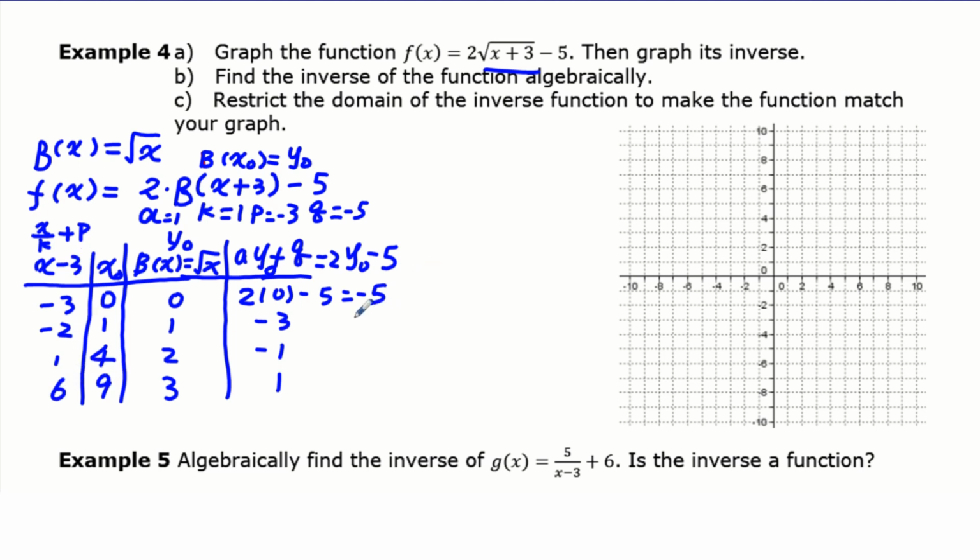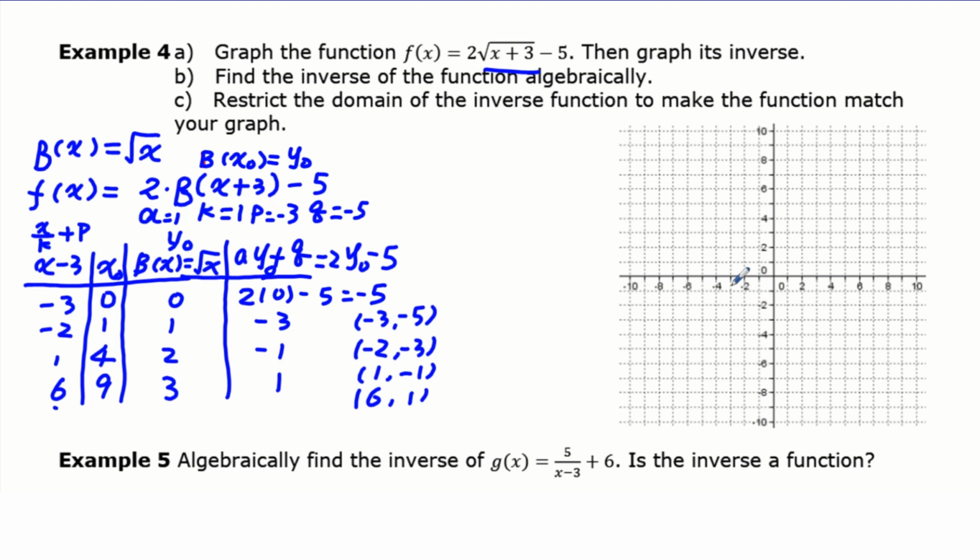So the first point is -3, -5. Second point, -2, -3, then 1, -1, and 6, 1. So they are the new xy coordinates after transformation.